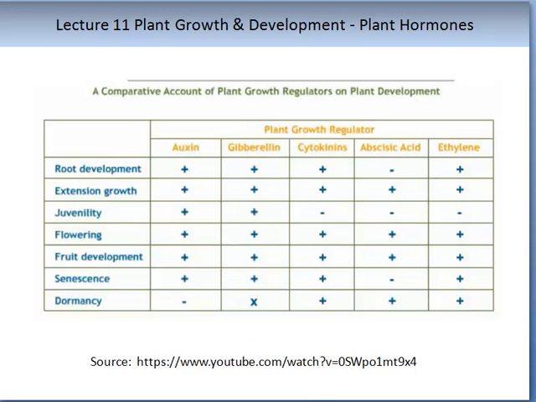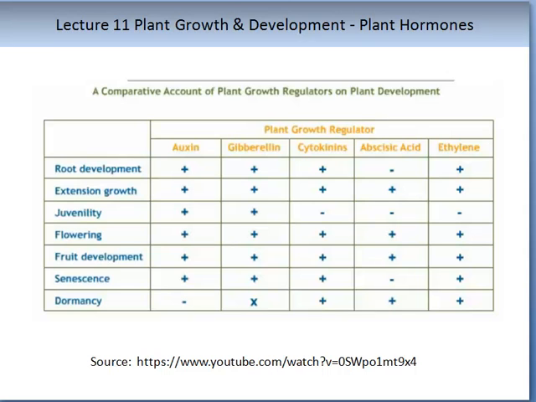The table on the slide is a comparative account of plant growth regulators on plant development. On the left-hand column, you will see listed the stages of growth and development, from root development through to dormancy. The following columns after this represent whether the hormone is present with a cross or absent with a slash.